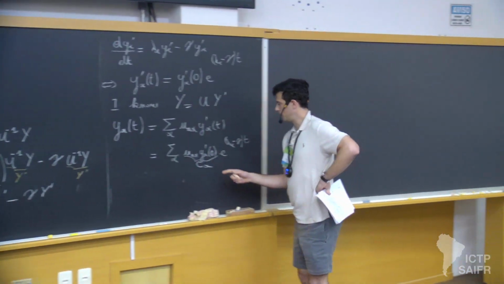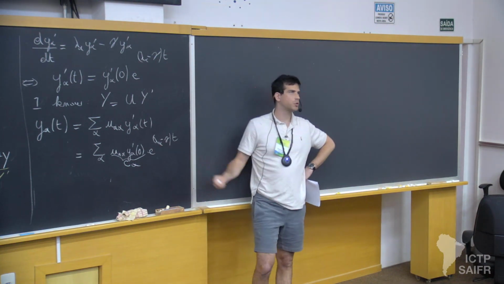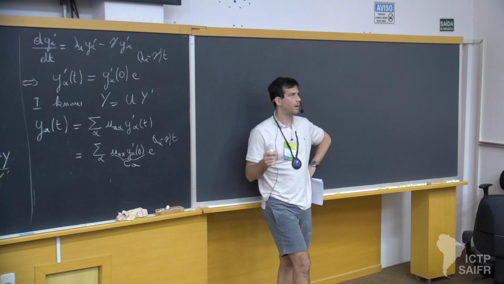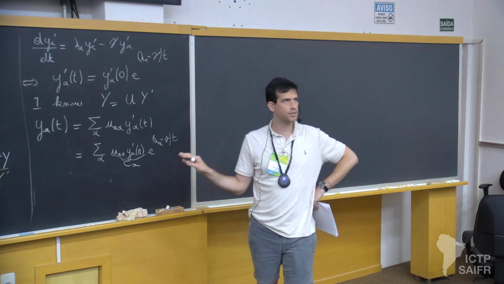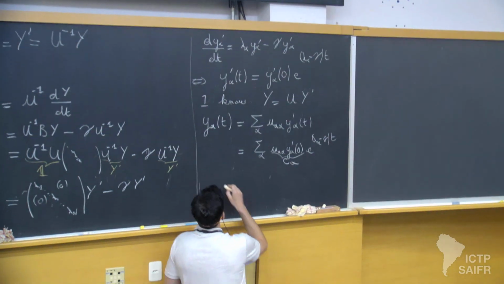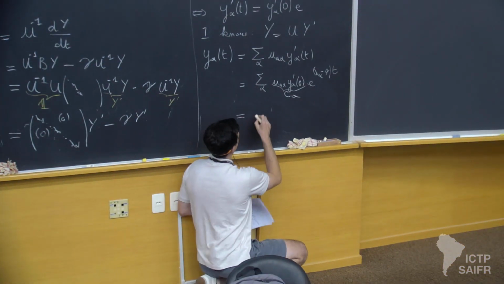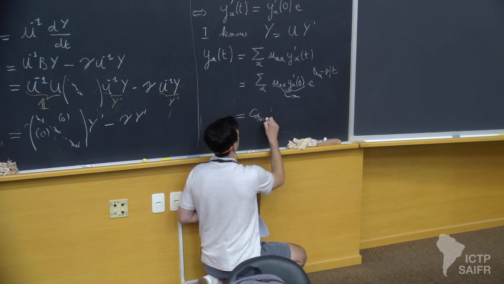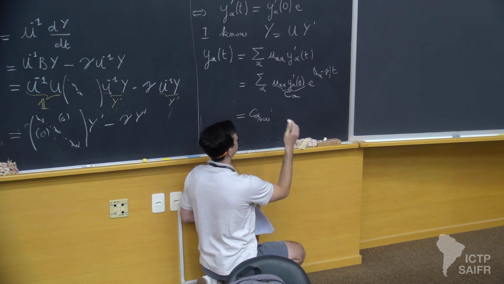Among those lambda, there is one which must be the largest. So I'm going to factorize this term out. I'm going to take the maximum of the lambda, which happens for some alpha max.